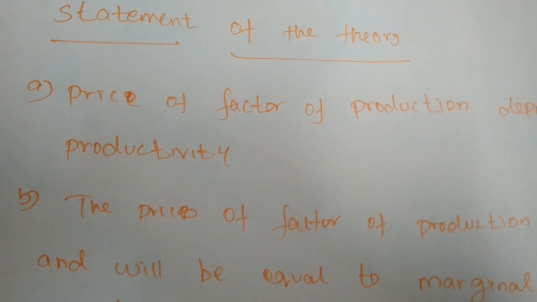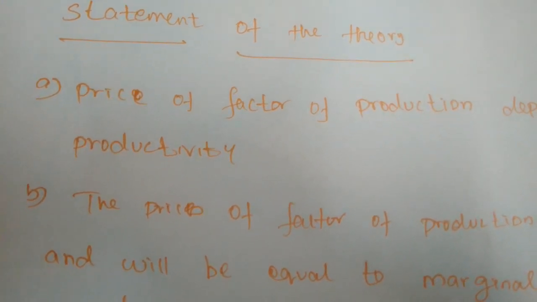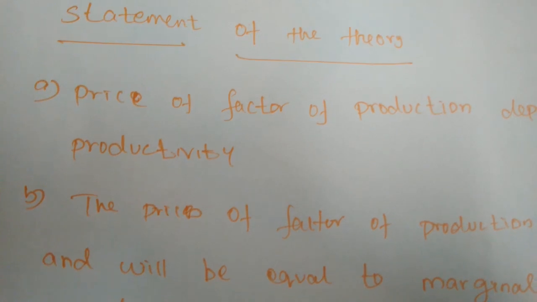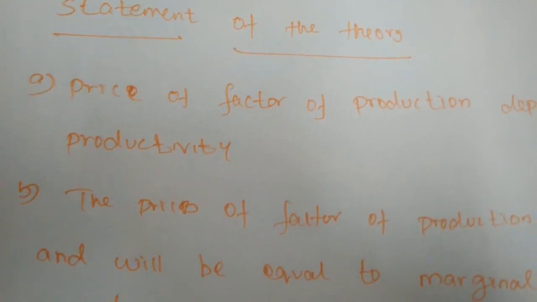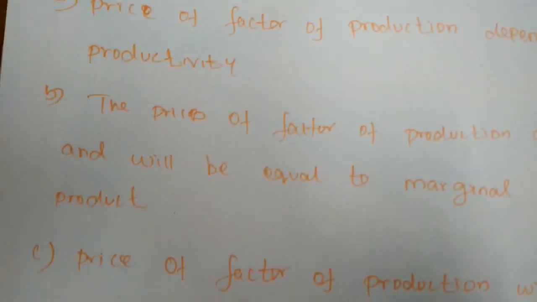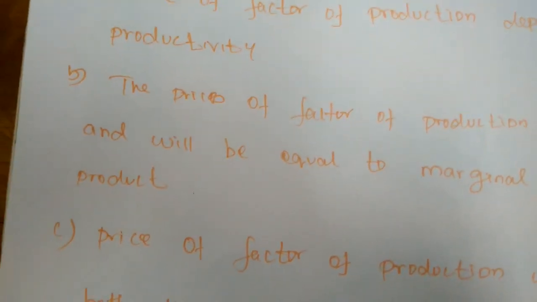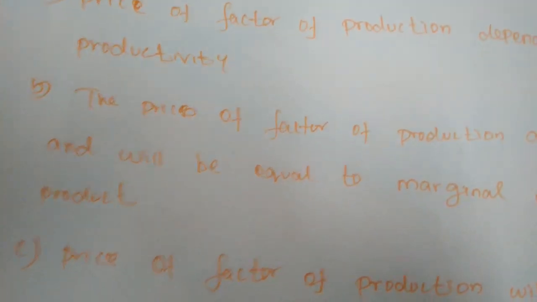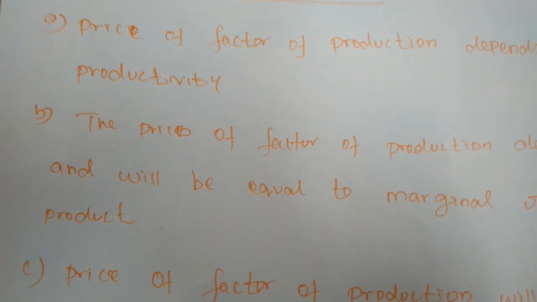Not only that, the price of a factor will also be equal to the marginal revenue product of that factor. If you can produce 5 units of the commodity, the marginal revenue will be equal to the productivity of the factor of production.